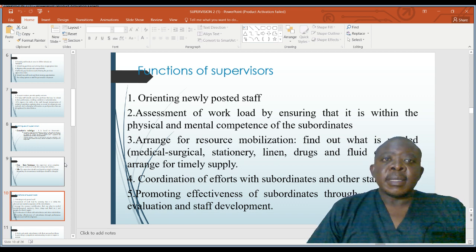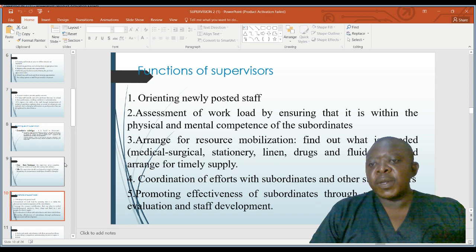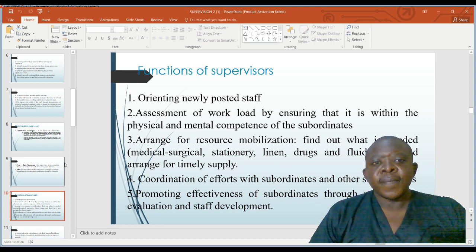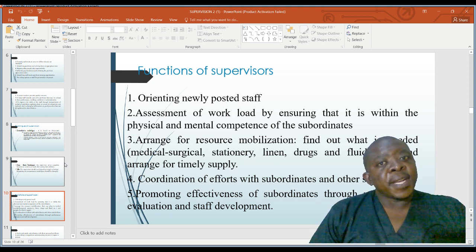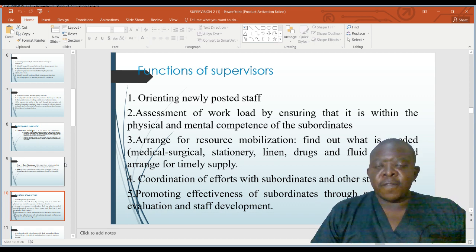The fourth function of supervisors is coordination of efforts with subordinates and other stakeholders. The fifth function of supervisors is promoting effectiveness of subordinates through performance evaluation and staff development.